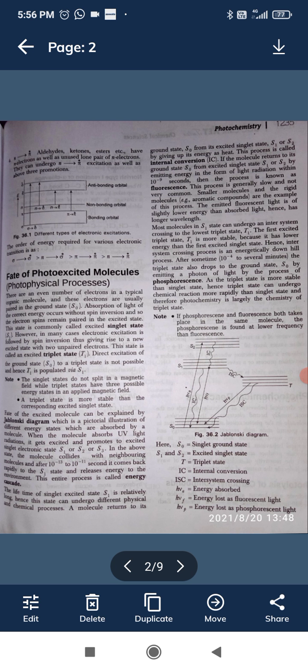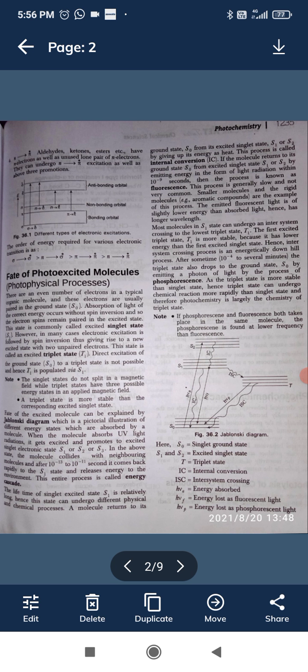Absorption of light of correct energy, if it occurs without spin inversion, so that electron spins remain paired in the excited state, the state is commonly called the excited singlet state. If it is the first excitation you can call it S1, if it is the second excitation you can call it S2, depending upon the excitation.